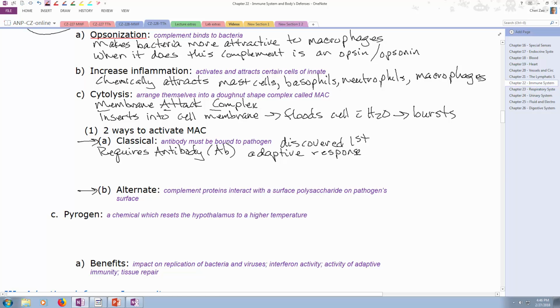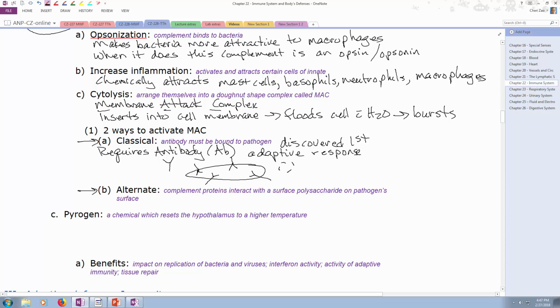So our bacterium, I'm going to make them look like a long blob here. Antibody is typically Y-shaped. An antibody will tag or attach to the bacteria, and this attachment is like tagging it or making it more obvious for MAC to attach.